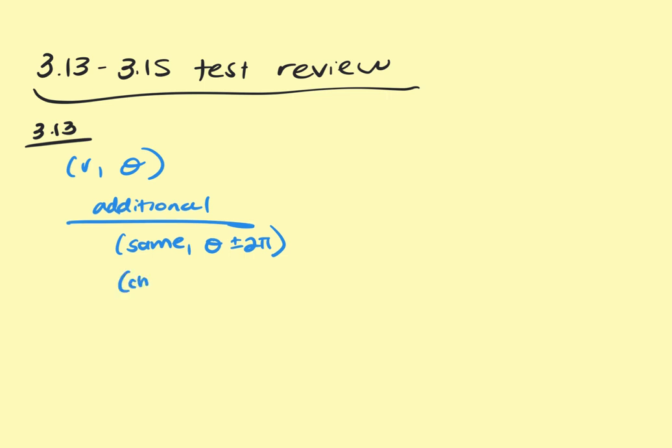Or you can change the sign on the R, and then take theta and add and subtract pi. And that one you will always be able to do 2 of. So you should be able to get 3 additional representations of that coordinate point between negative 2 pi and positive 2 pi, which is what it will ask you for.